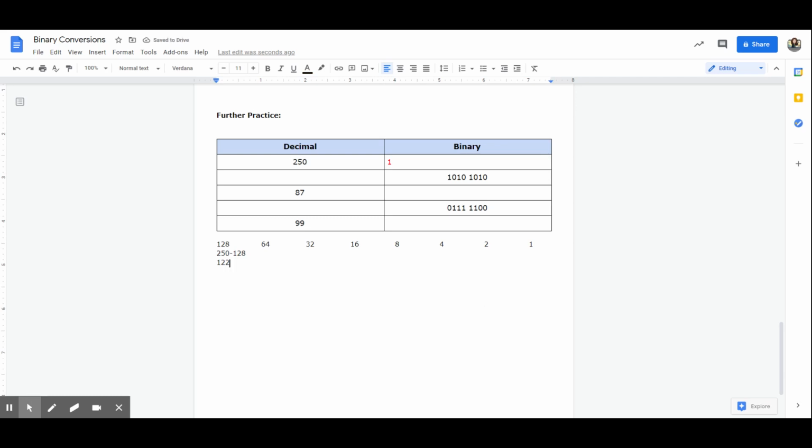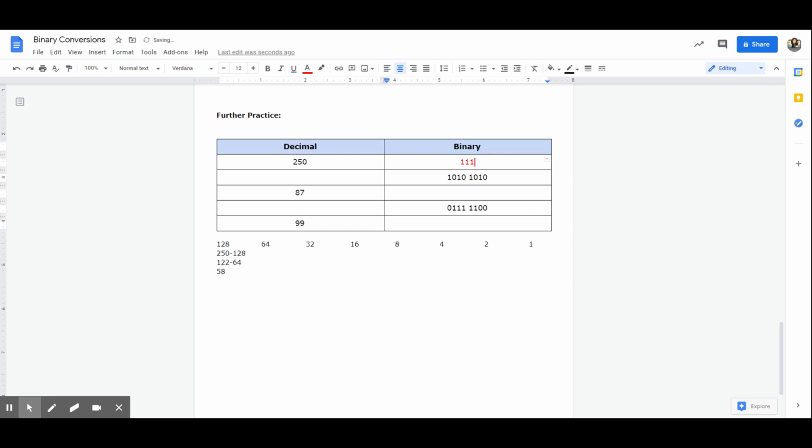Will all of 64 go into 122? The answer is yes. You're going to take 122 and subtract 64. So our second number here in our binary sequence is a 1. Now take 122 and subtract 64, and your remainder is 58. Will all of 32 fit into 58? The answer is yes.